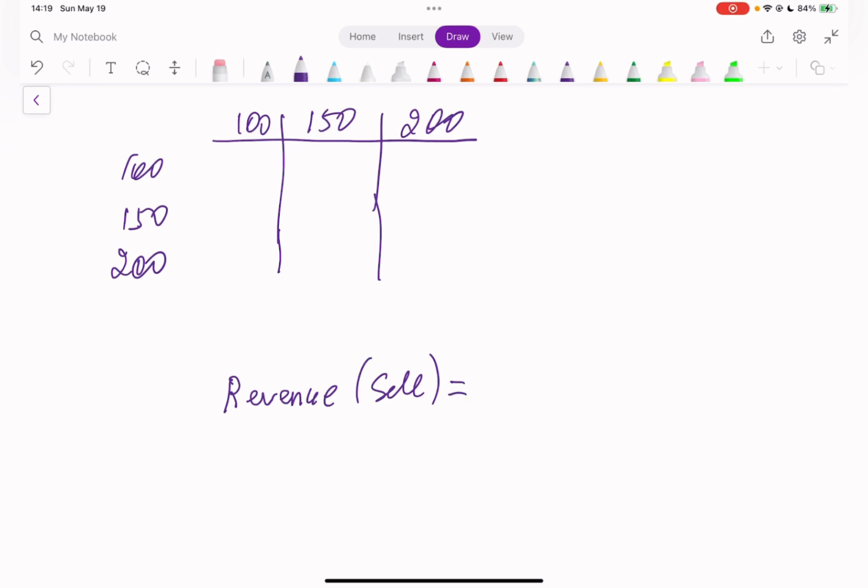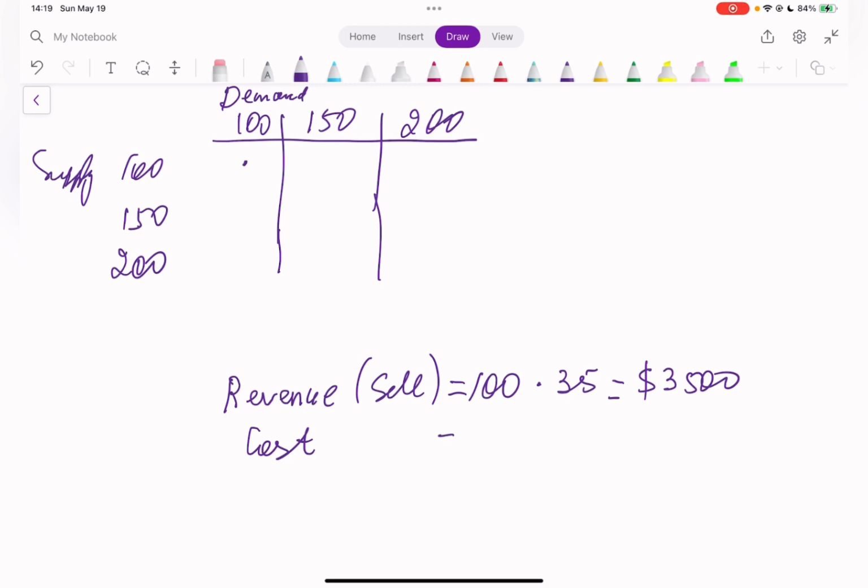Okay, taking care of this one, 100. So we can make 100. This is supply 100, demand 100. So 100 times we sold it for $35, right? It's gonna be 3,500. And the cost, how much did it cost to make it?